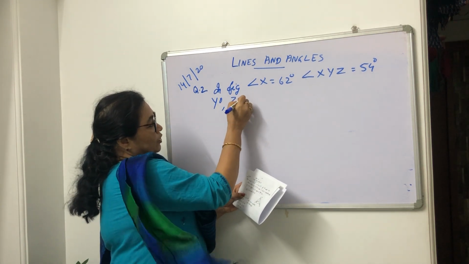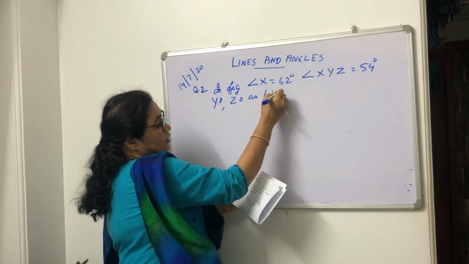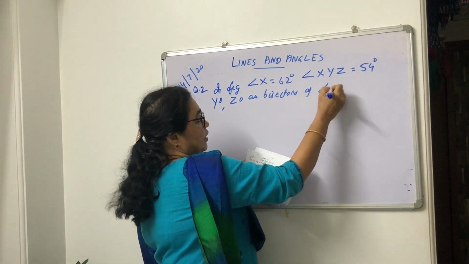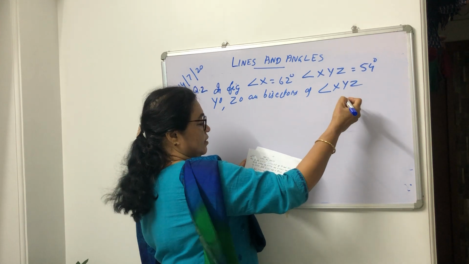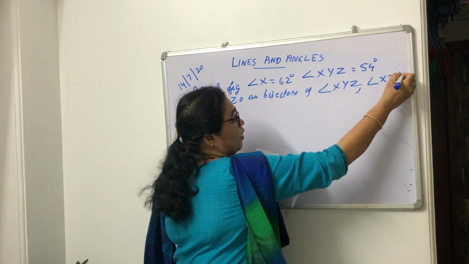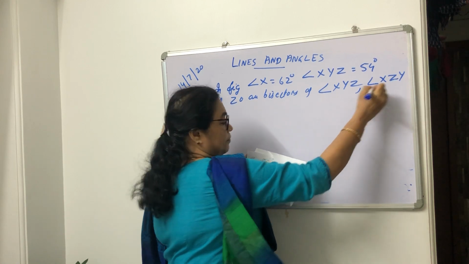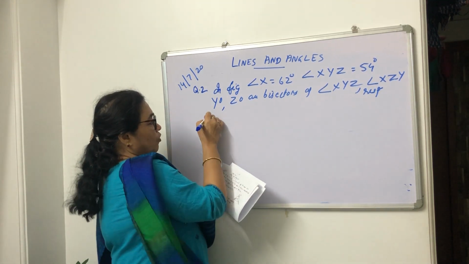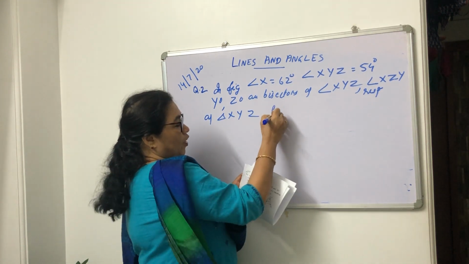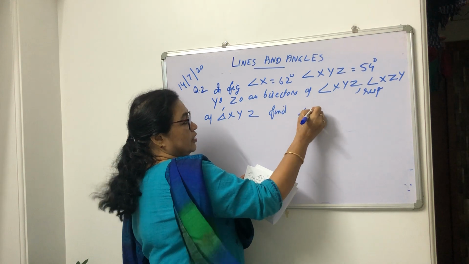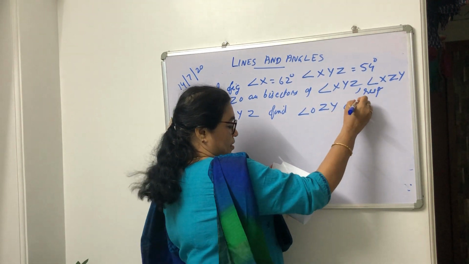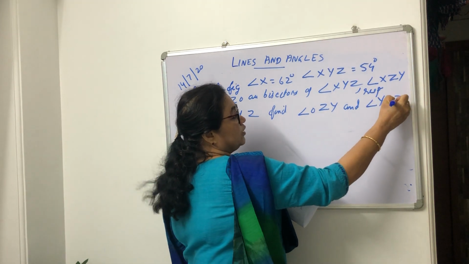YO and ZO are bisectors of angle XYZ and angle XZY respectively of triangle XYZ. Find angle OZY and angle YOZ.